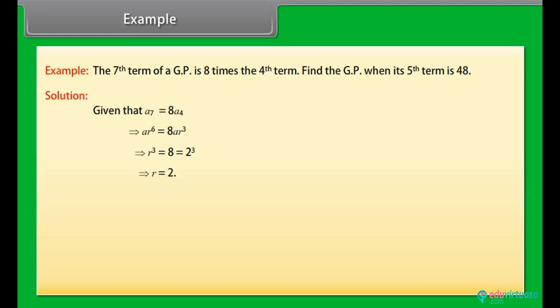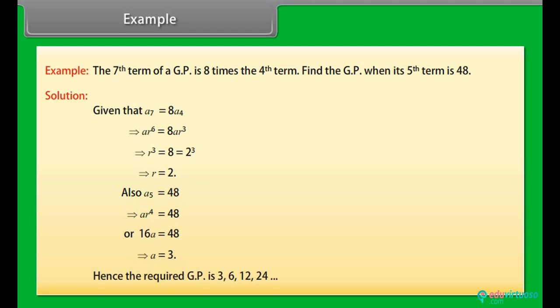It implies r is equal to 2. Also, a5 is equal to 48. It implies a into r raised to power 4 is equal to 48, or 16 into a is equal to 48. It implies a is equal to 3. Hence, the required GP is 3, 6, 12, 24, and so on.